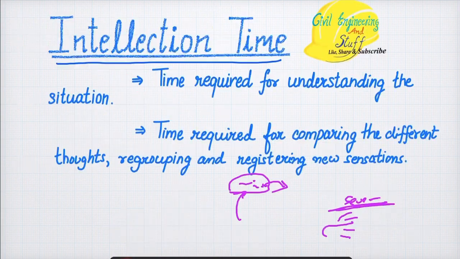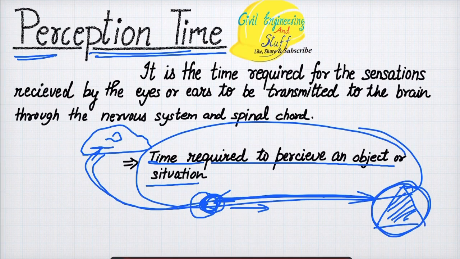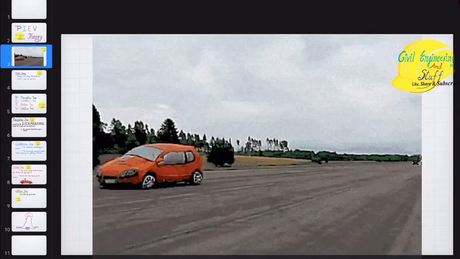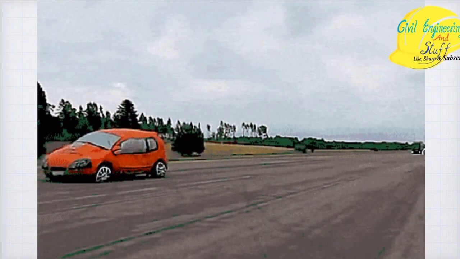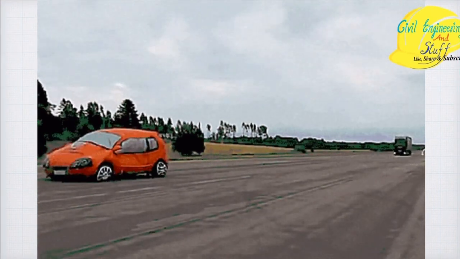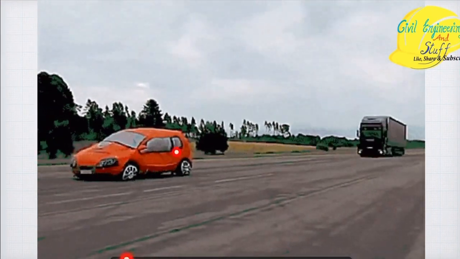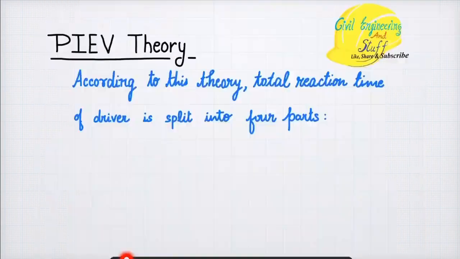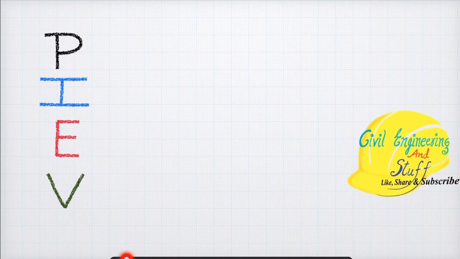So these are the four different time periods taken by the driver to react to a situation. The total time taken by the driver to react comprises these four parameters, right? We have the perception time, the intellection time, the emotion time, and the volition time.